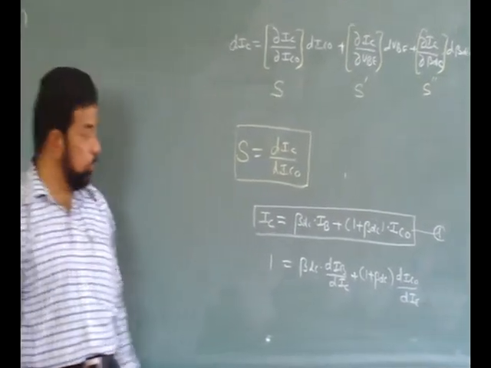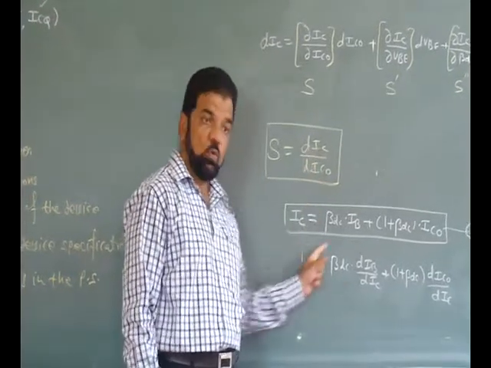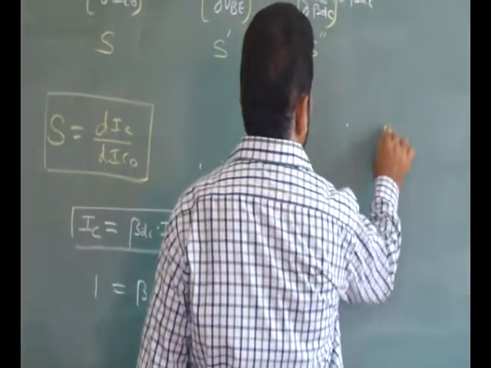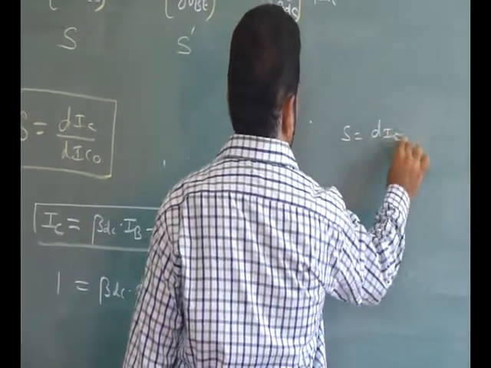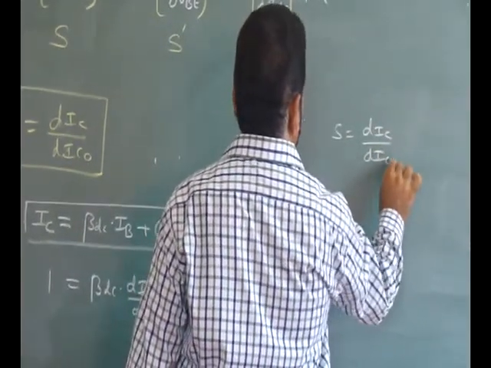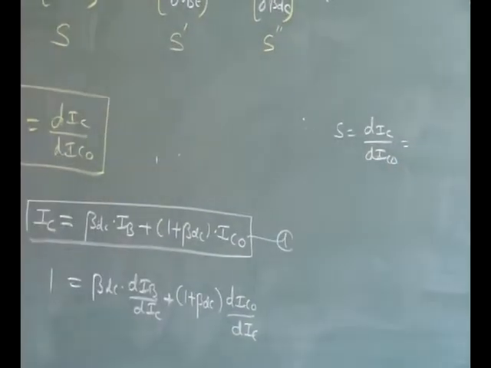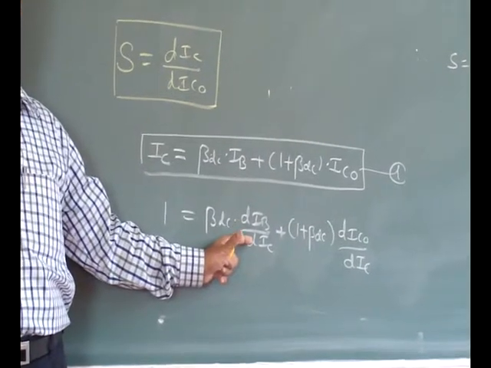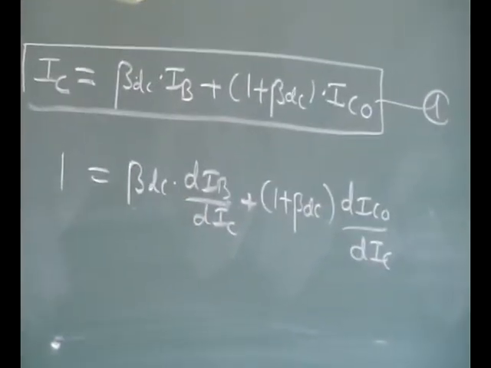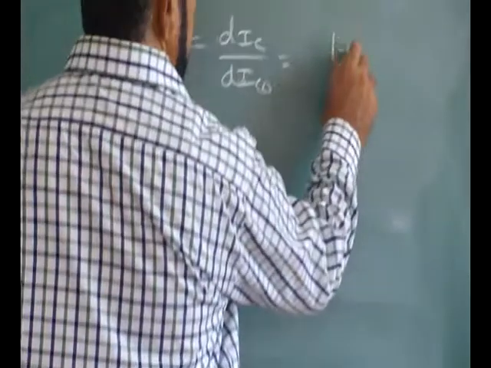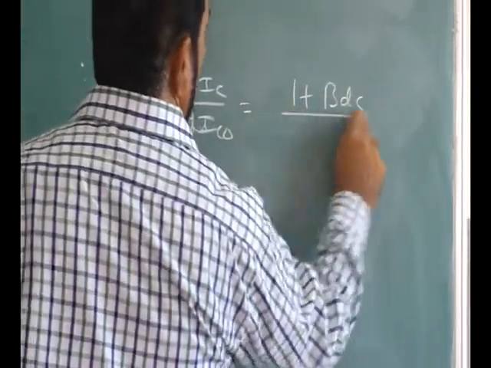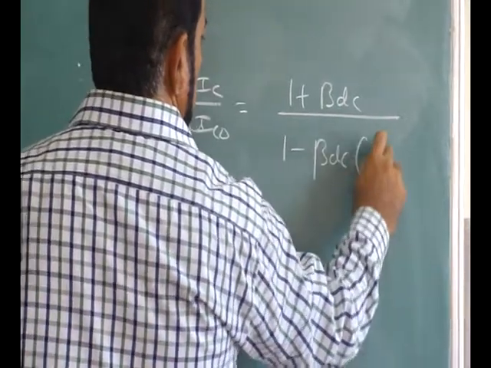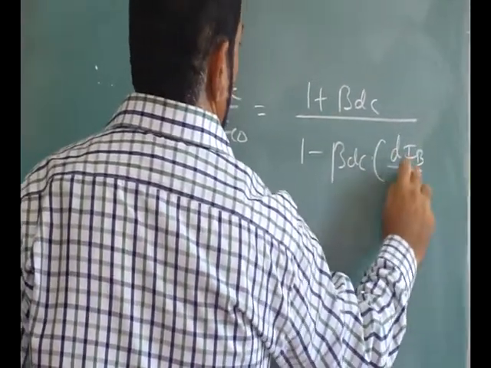And if I solve for this term, what do I need? The S value. So what is the final equation if you solve this equation for S? It is 1 plus beta DC divided by 1 minus beta DC dIB by dIC.